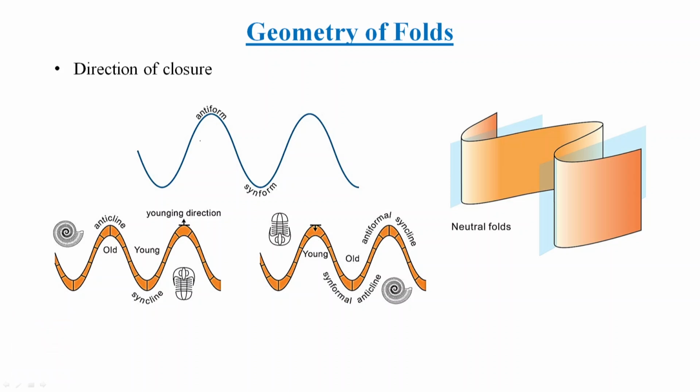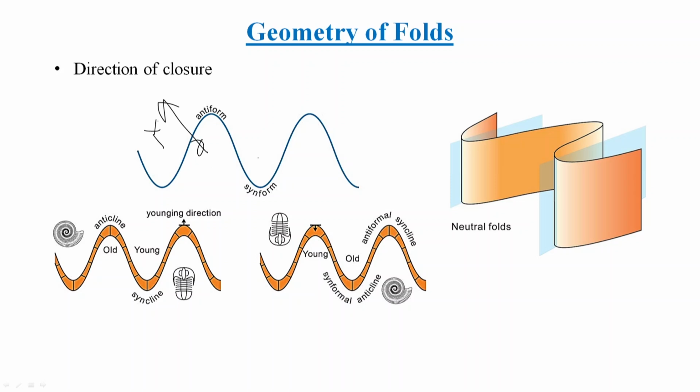Like if I take this example, I will say that the younging direction of this fold, if it is like this, with older rocks at the core and younger rocks outside, then this antiform will be categorized as an antiformal anticline, or anticlinal antiform.